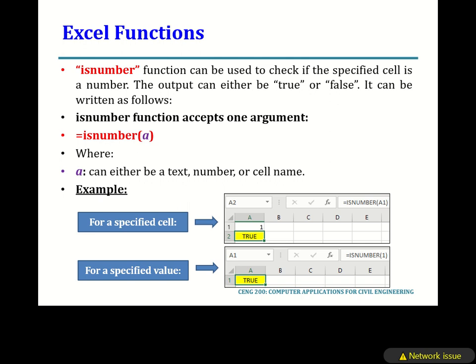No number, false. Clear? And it only takes one input, which is the cell you are looking at. And again, instead of a cell, you can type the number yourself, but then it doesn't make any sense, right? If I type it myself, I know it's a number or a text, right? Why would I ask a program, is 2 a number?